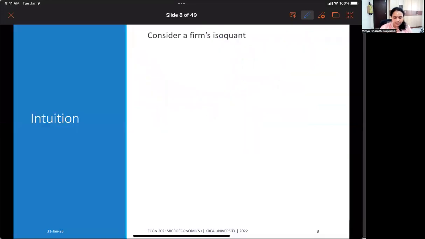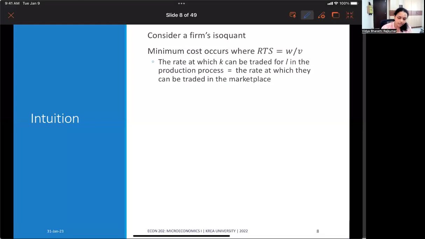Now, let's consider a firm's isoquant. Just like we've discussed before, the minimum cost combination will happen at that point where the rate of technical substitution, which is nothing but MPL over MPK, equals the ratio of prices of the two inputs.